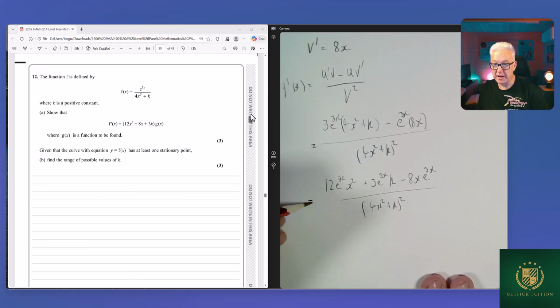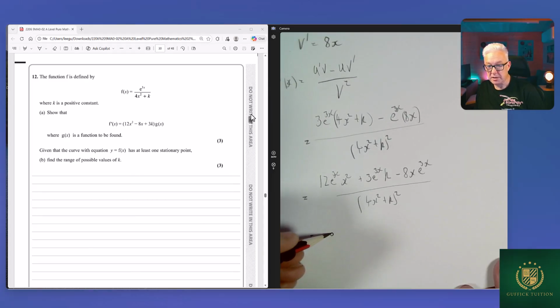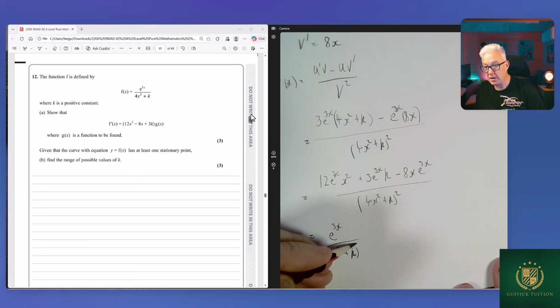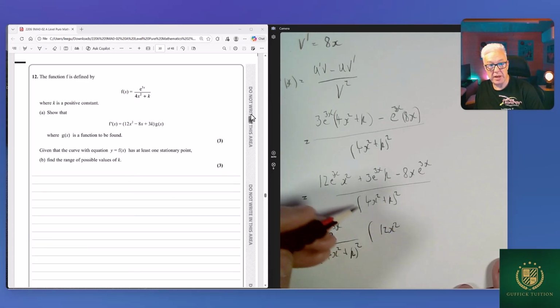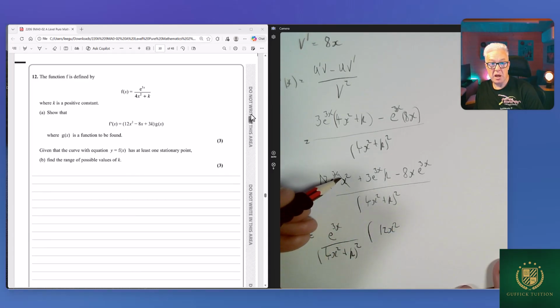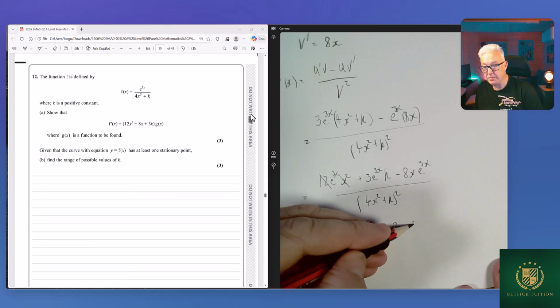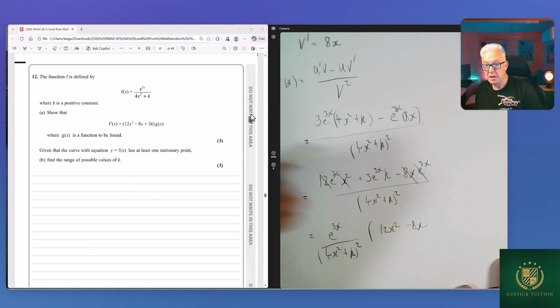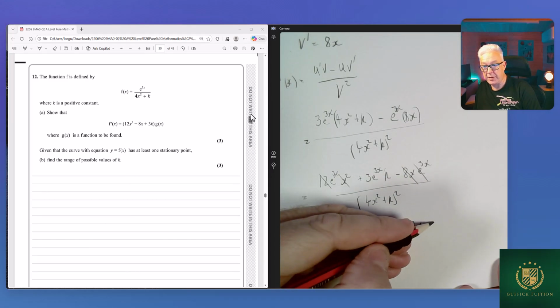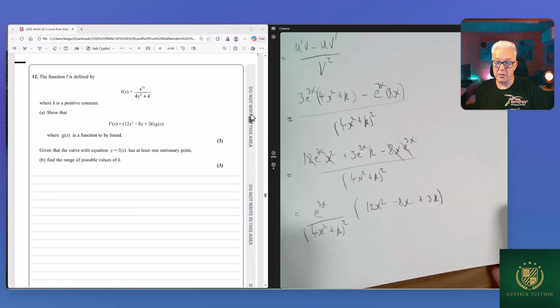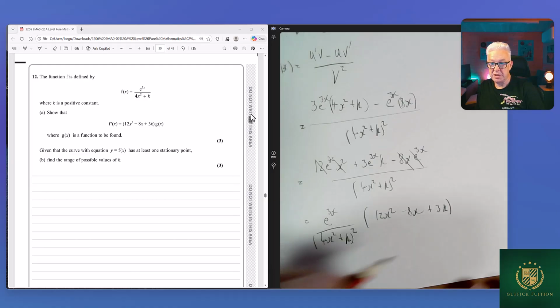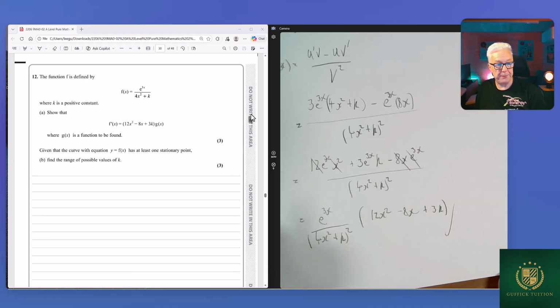So let's take out a factor of e to the 3x: e to the 3x over 4x squared add k all squared, times by 12x squared minus 8x plus 3k. Well, that's perfect. That is the result that we were aiming to derive, so that's part A done.